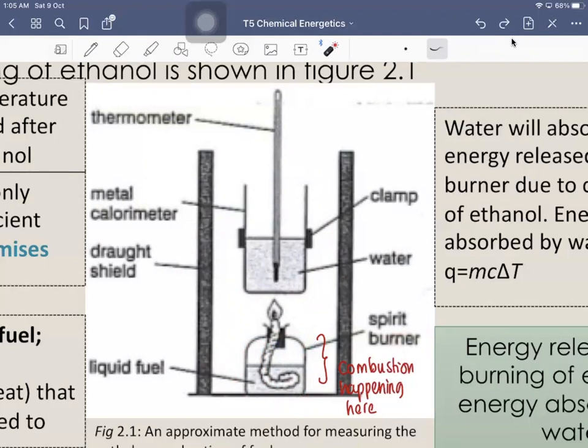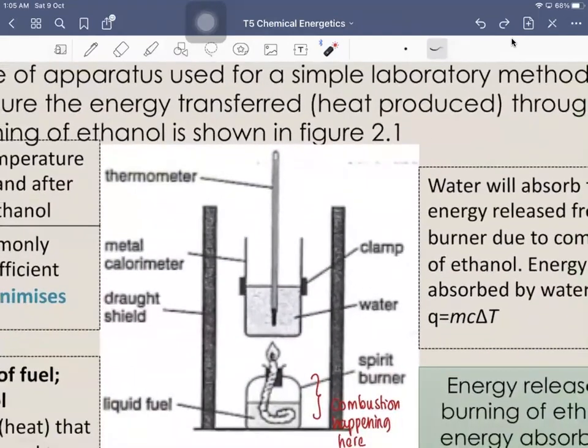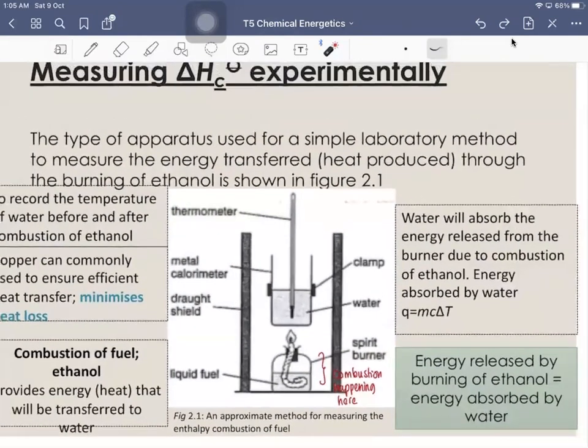We acknowledge that not all the heat from combustion will be transferred to the water, but we try our best and make do with what we have. That's why in an experiment that involves heat, the values will be very far off from the literature value. Literature value is like the data or the value in a system or in a library, right?